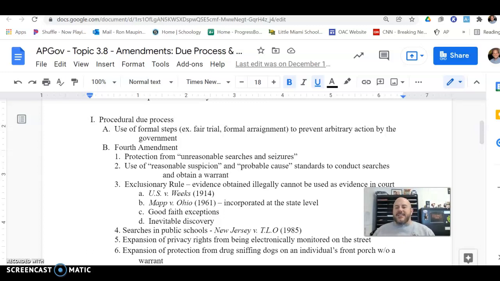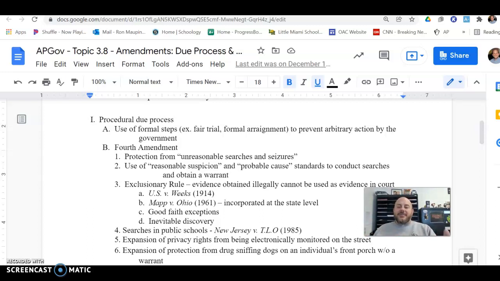Also, on top of that, there was a case of a police officer that had a hunch about somebody having drugs, takes the drug-sniffing dog to the person's front porch. The dog smells marijuana, and then they get a warrant, and then they search the house, and they find marijuana. And you might think, okay, they got a warrant, and they found the marijuana. Okay, no big deal.